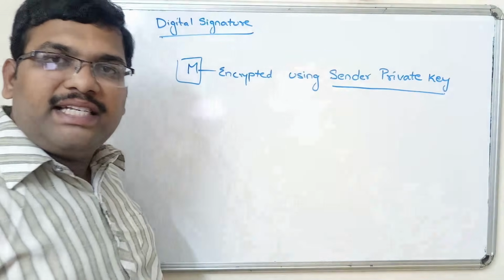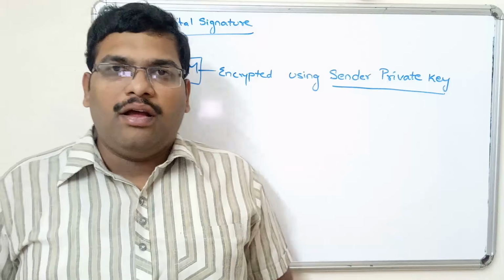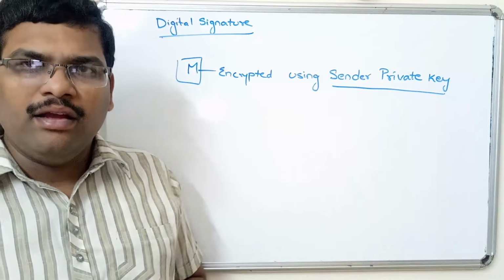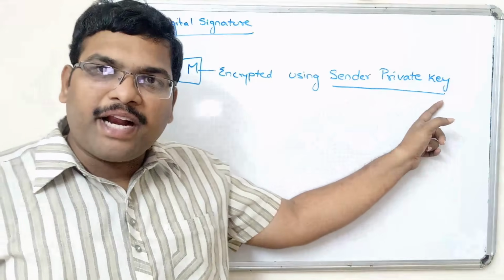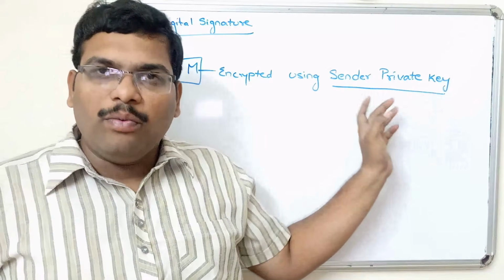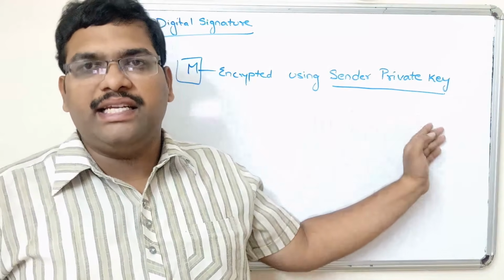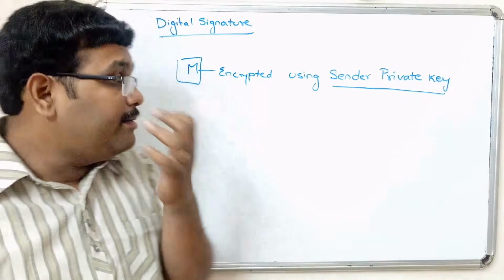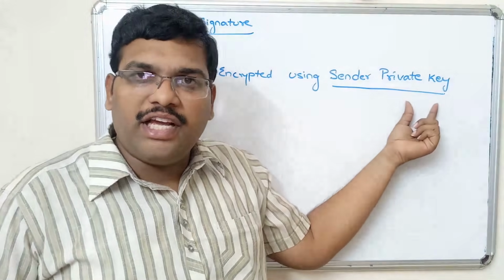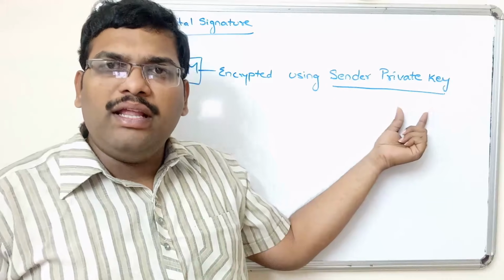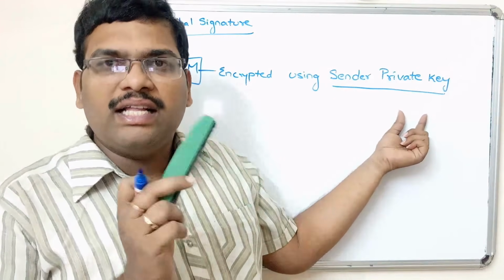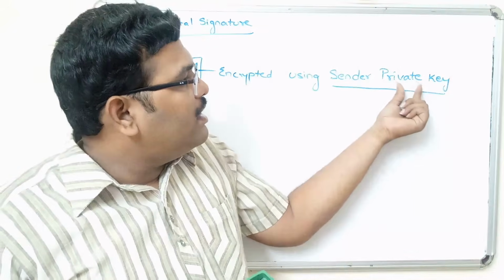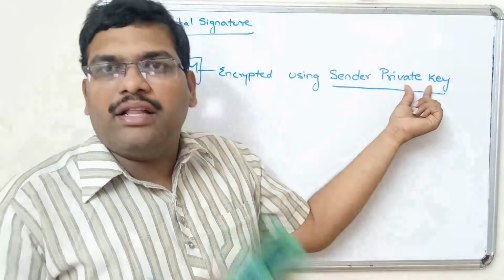If the message or hash code or anything is encrypted using the sender's private key, then automatically we call it a digital signature. The private key is not shareable, so only the sender can encrypt the message, because the sender will not share their private key with any other user.